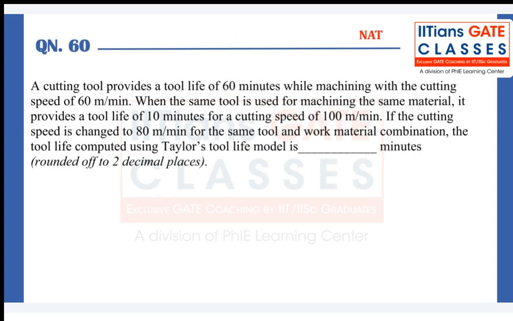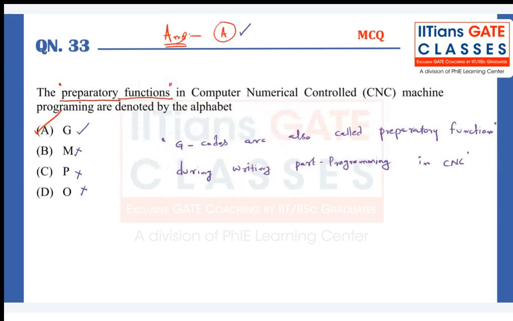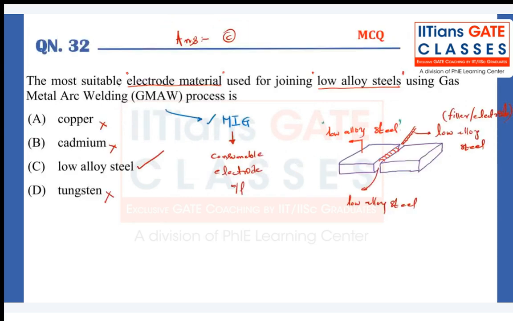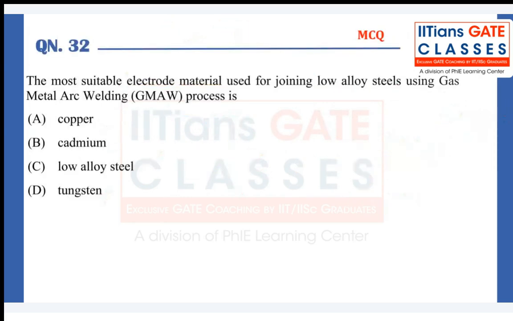Now let us go for the question which we are going to solve. It is a question from metal cutting, guys. Sorry, it is a question from advanced machining process. Next is a question from welding, one more question.